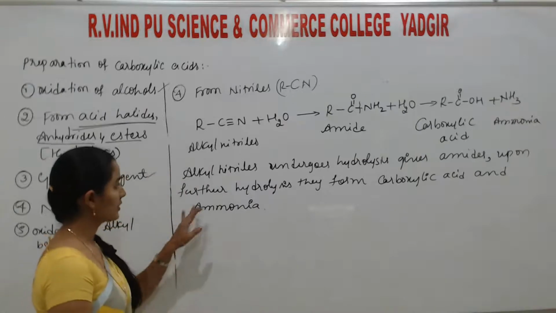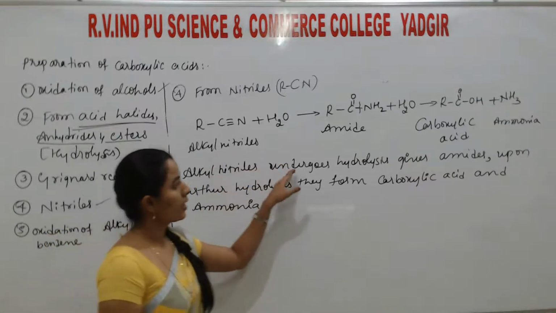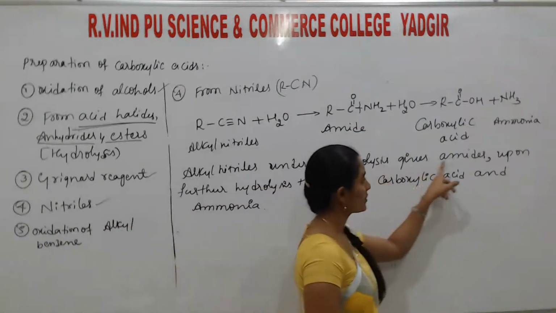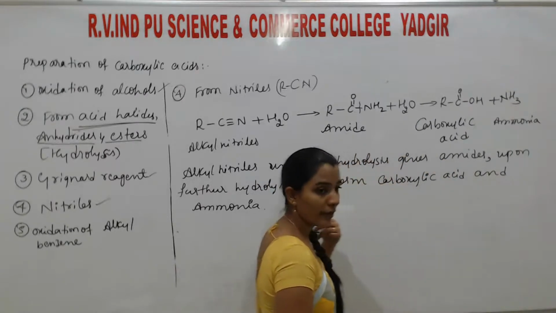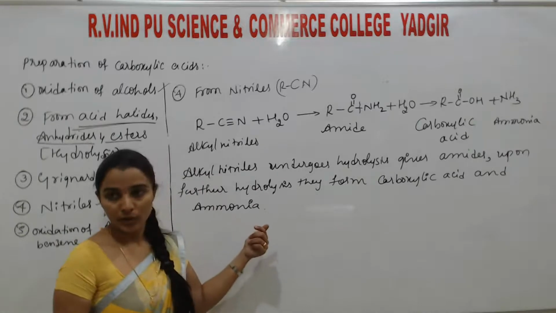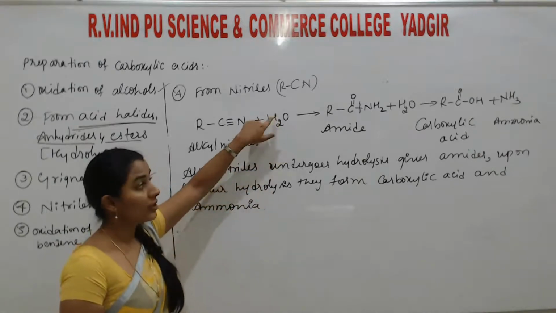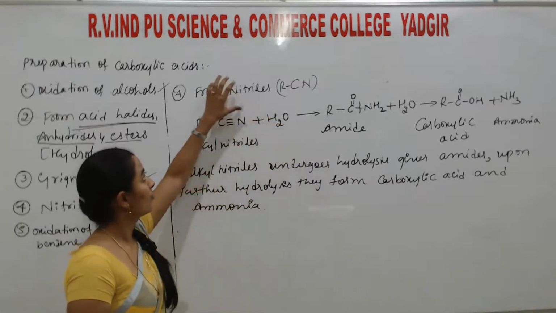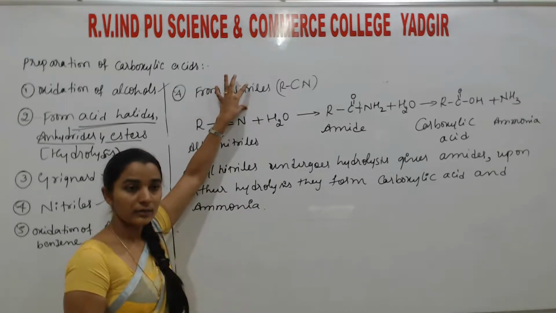So this is the explanation. Alkyl nitriles undergo hydrolysis to give amides. Upon further hydrolysis this gives carboxylic acid and ammonia. So this is the preparation of carboxylic acids from nitriles.